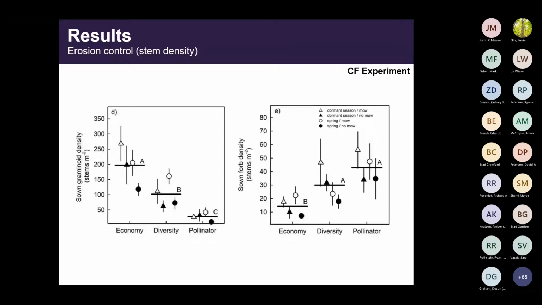And with mowing, mowed subplots had higher graminoid and forb density than unmowed subplots. Now, while planting time did not influence overall stem density in either grasses or forbs, it did influence functional group composition, and we're going to look at that a little bit in depth later.